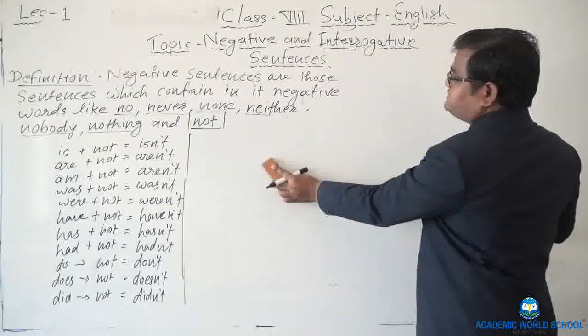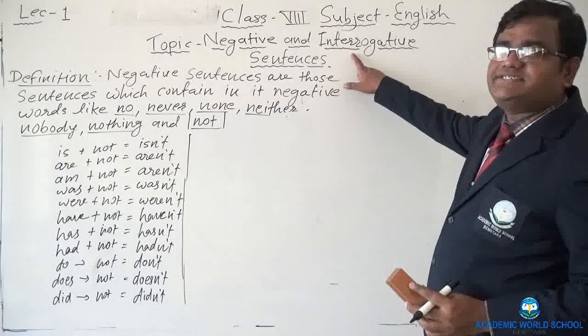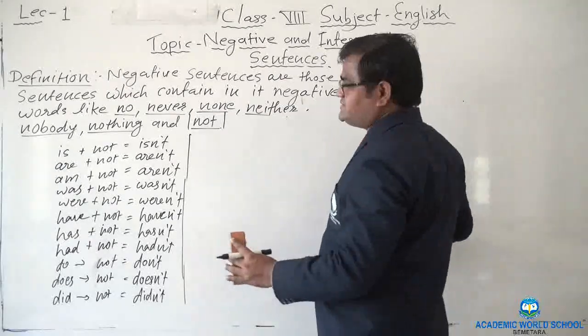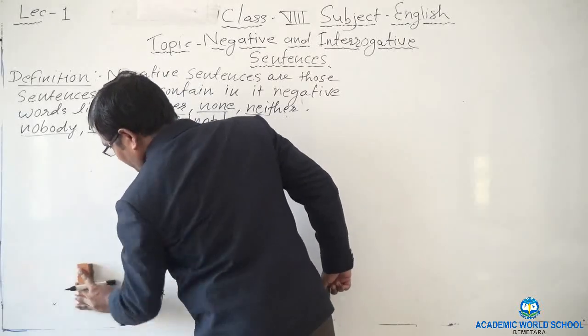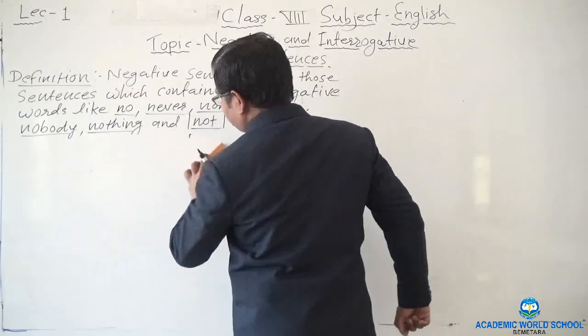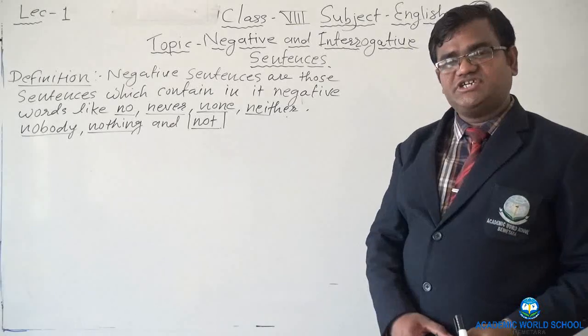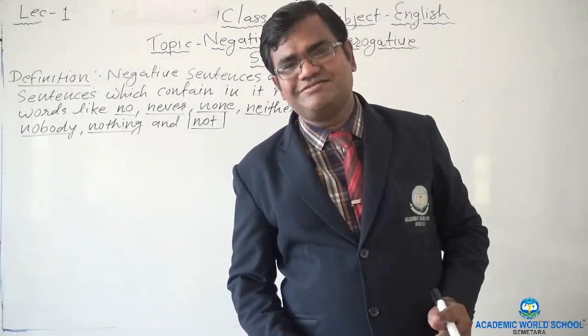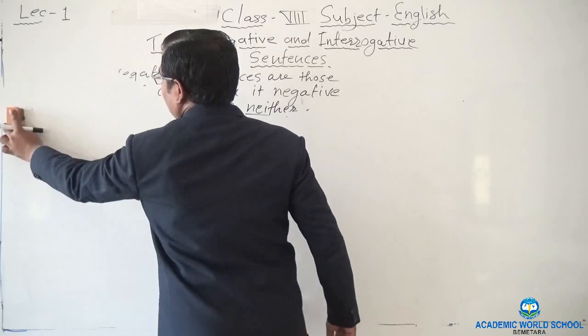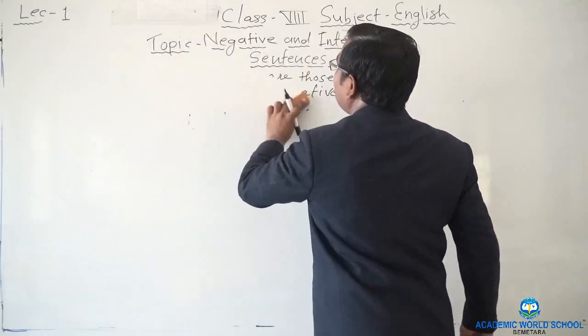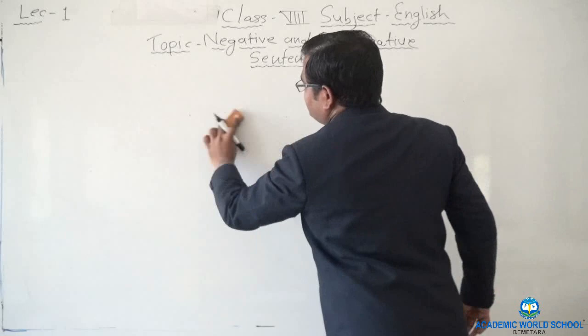Now let's come to the second part of the sentence, and that says interrogative sentences. Interrogative sentences means questions. I already told you that students hesitate to ask questions in examination. Why? Because they are not very confident about the question they have constructed.